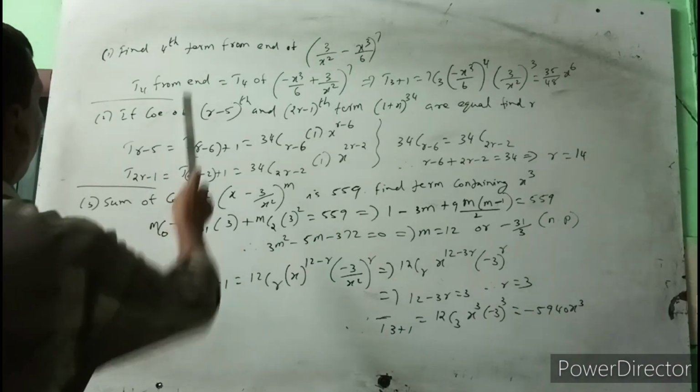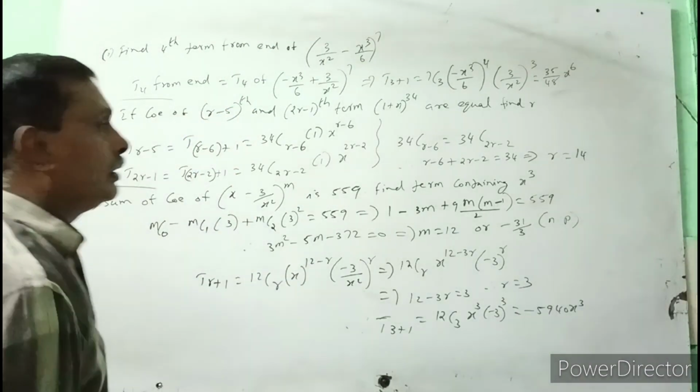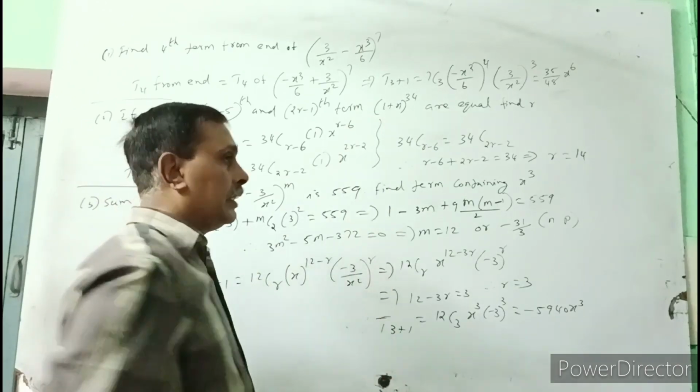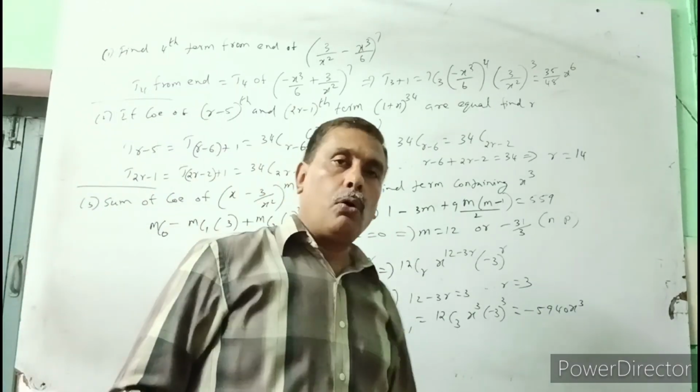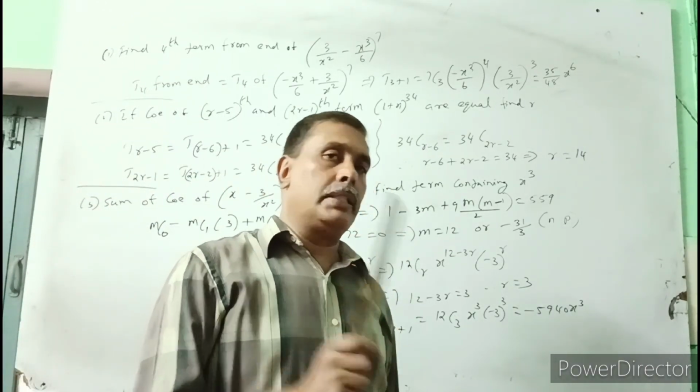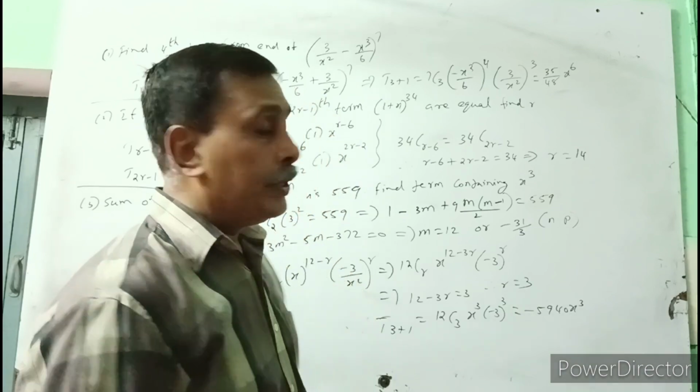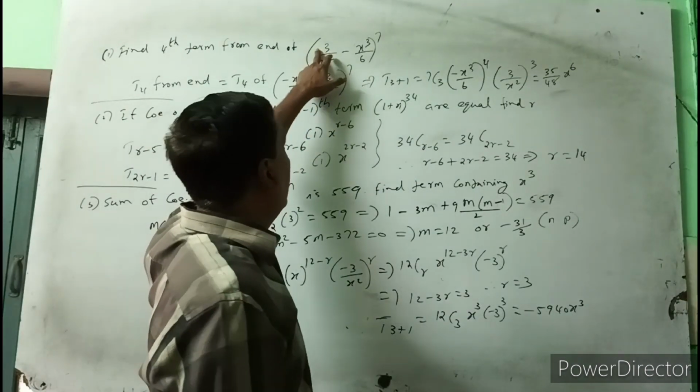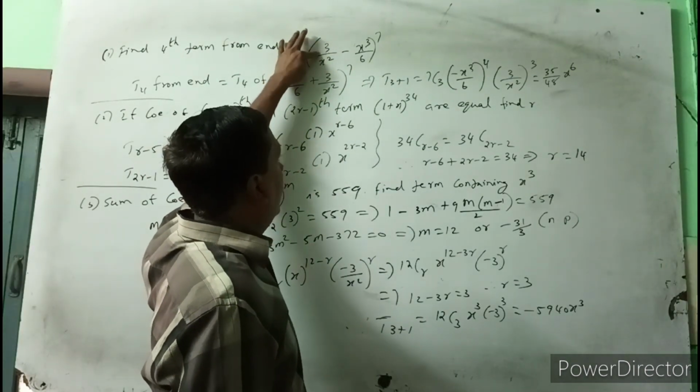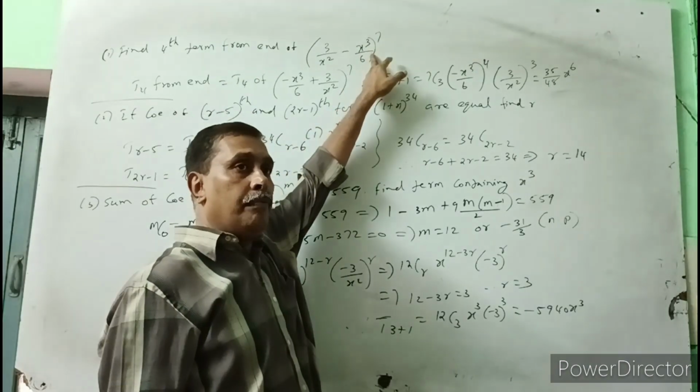Another question: find the fourth term from the end of this expansion. As I told you, (a plus b) raised to n and (b plus a) raised to n are the same. If I am expanding, the powers of the first term will decrease and the second term will increase.